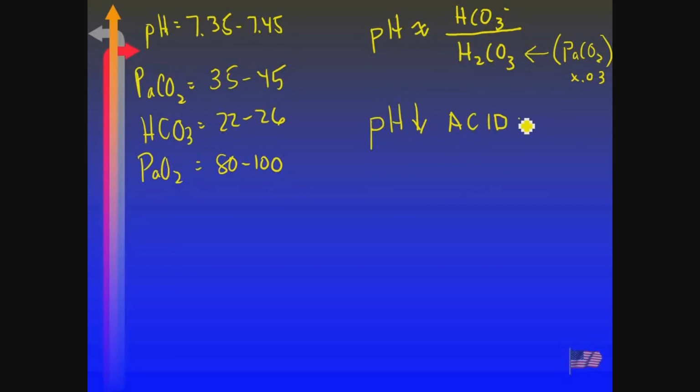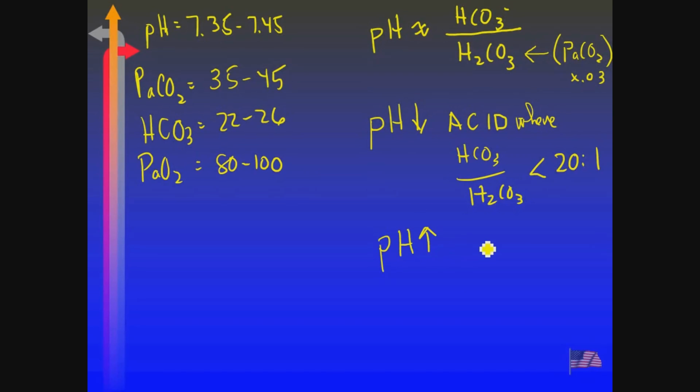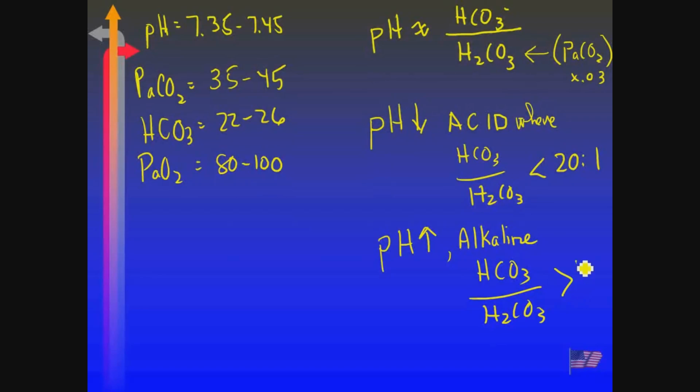And an acid would be where the ratio of these two is less than 20 to 1. When the pH goes up, we're calling this an alkaline condition. And that ratio is greater than 20 to 1.